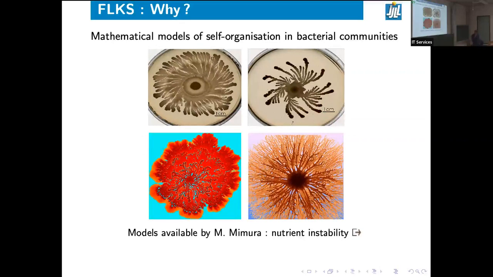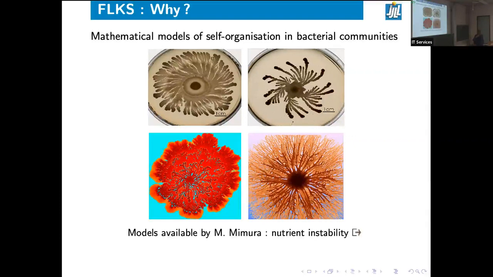These bacteria have a capacity to move collectively in a very surprising way. And these are colonies of bacteria which have been initiated by just an inoculum in the middle of this dish. They divide, they move, and they have learned how to invade a petri dish, a domain, with this kind of shapes.